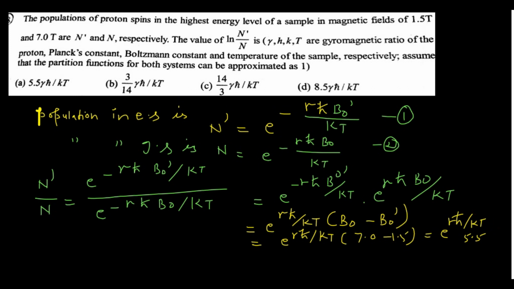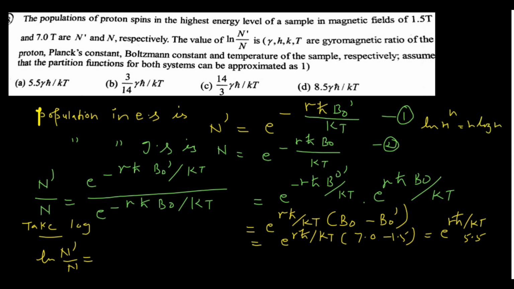So if you take the log on both sides, what will happen? You will get ln n dash by n, and since this 5.5 actually is in the power, so the log m to the power n, see this formula you should know, log m to the power n equals n log m.